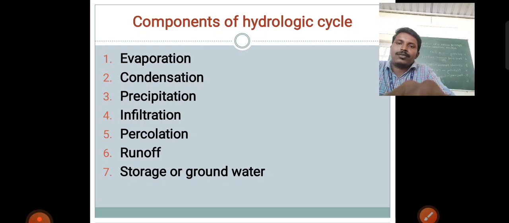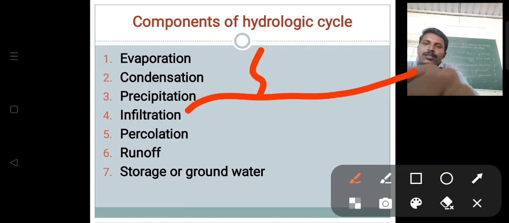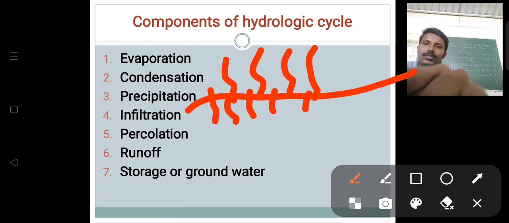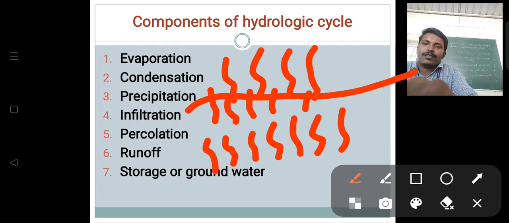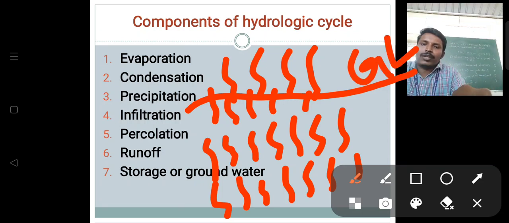First, when the precipitation occurs, the topsoil absorbs the water, and it slowly infiltrates deeper into the soil layers. It is called percolation. It mainly depends upon the depth below the ground level.